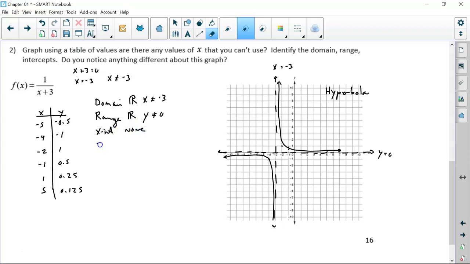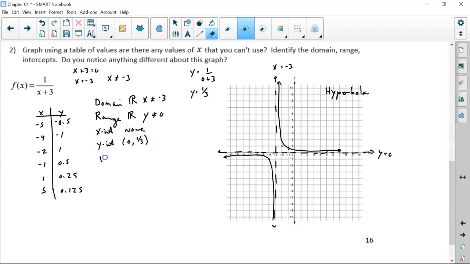And our y-intercept. We're going to find that y-intercept algebraically. So that's when x equals 0. So y equals 1 over 0 plus 3. So y equals 1/3. So our y-intercept is at 0 and 1/3.